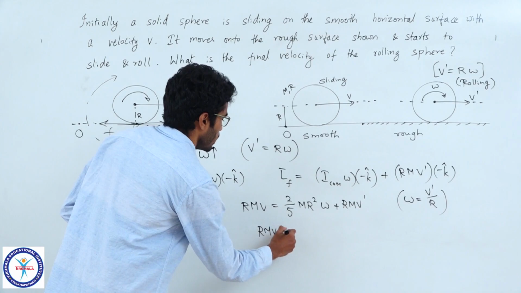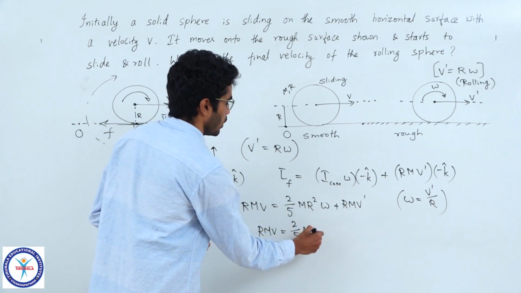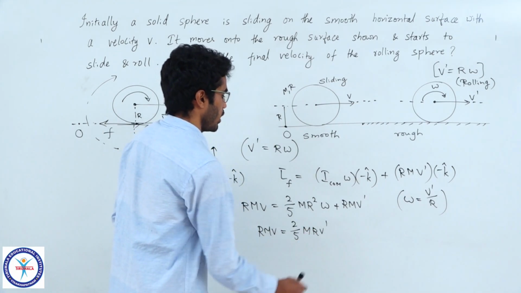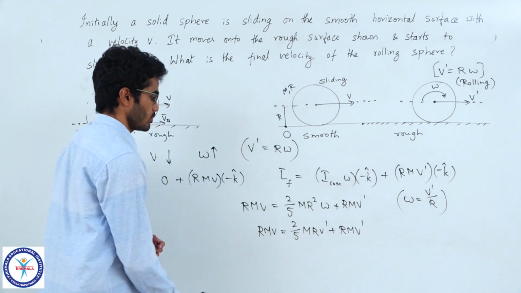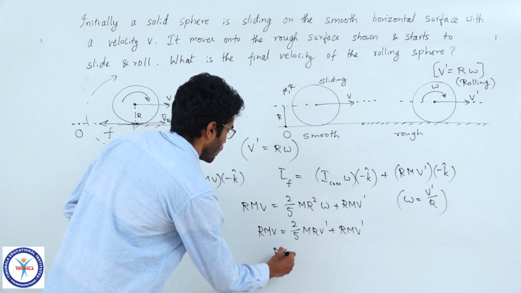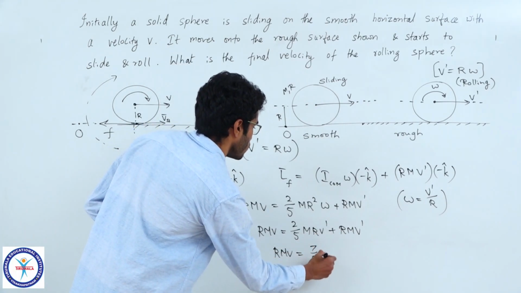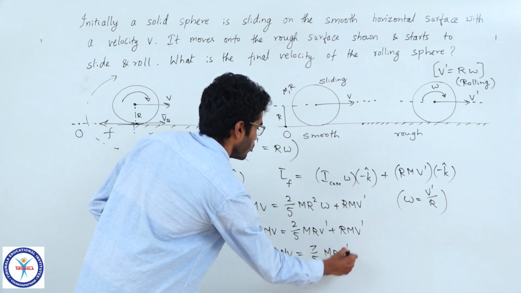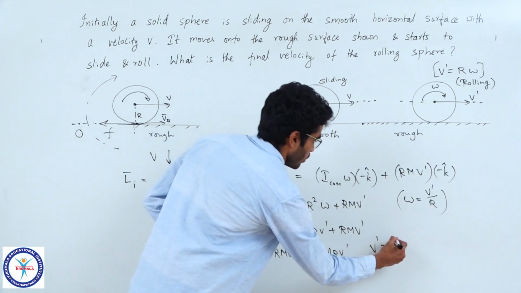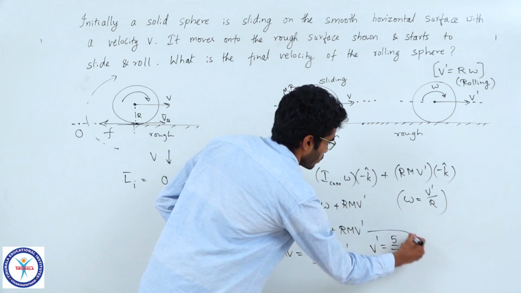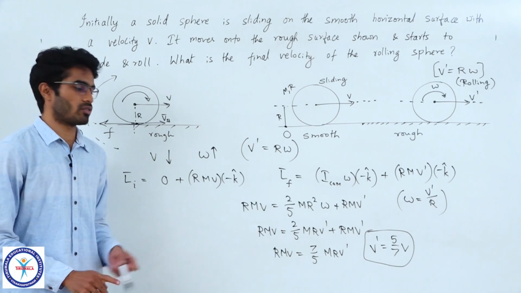If you substitute that, r m v is equal to 2 by 5 m r v dash plus r m v dash. So, it is 7 by 5 m r v dash. So, from this, v dash is 5 by 7 of v. So, the final velocity will be 5 by 7 times the initial velocity.